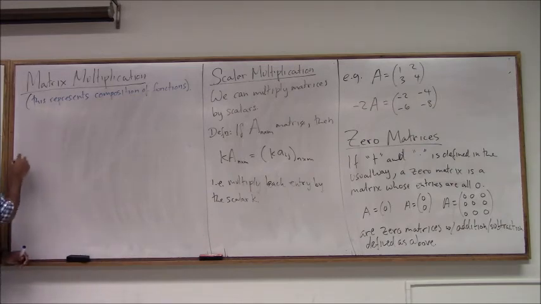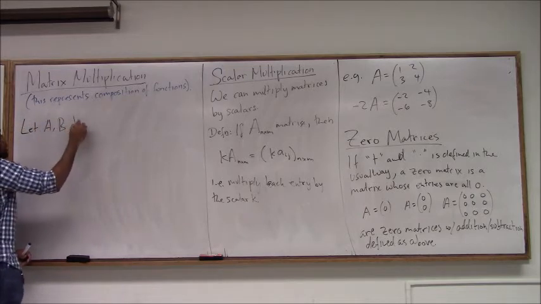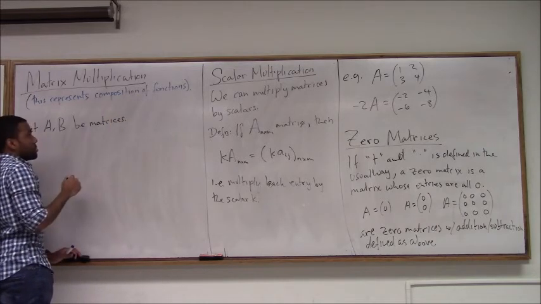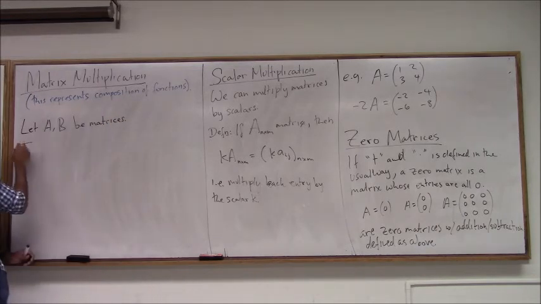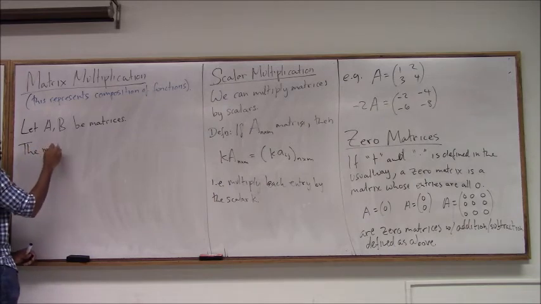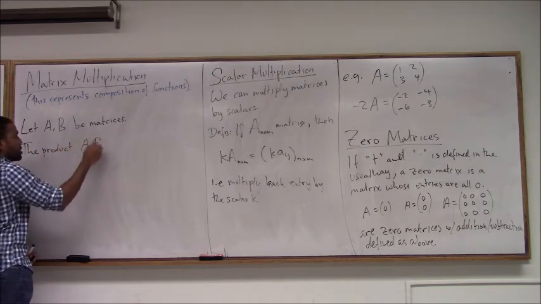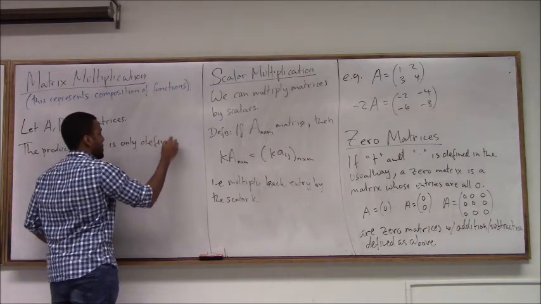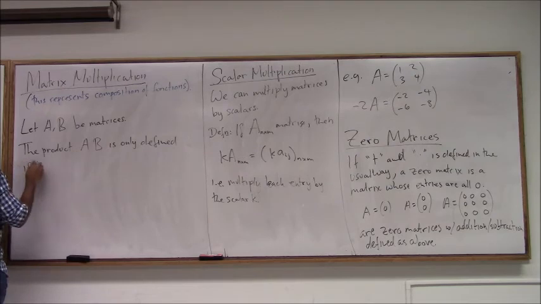So let A, B be matrices, the product AB is only defined if, and we actually made this definition up, we kind of figured this out.